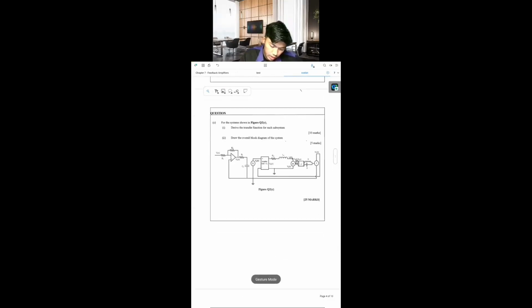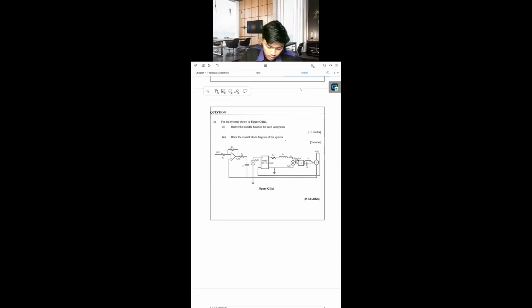Next, the question give us the figure Q2 and the question want us to derive transfer function for each subsystem. And the second one, the question want us to draw the overall block diagram. So we just have to divide all the subsystem that we got here, and then we continue to draw the block diagram for each subsystem.